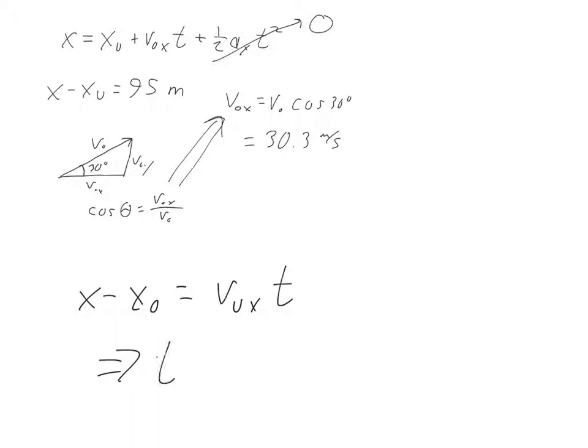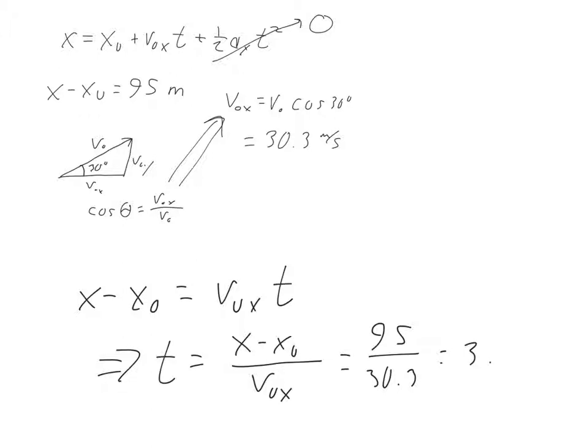So t equals our displacement divided by our velocity in the x direction. That's 95 divided by 30.3. And with that, we get 3.13 seconds.